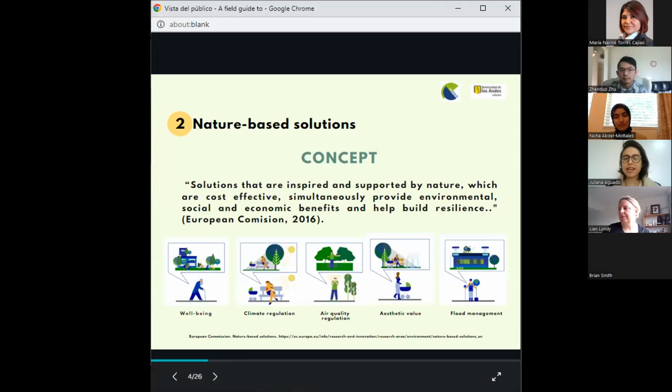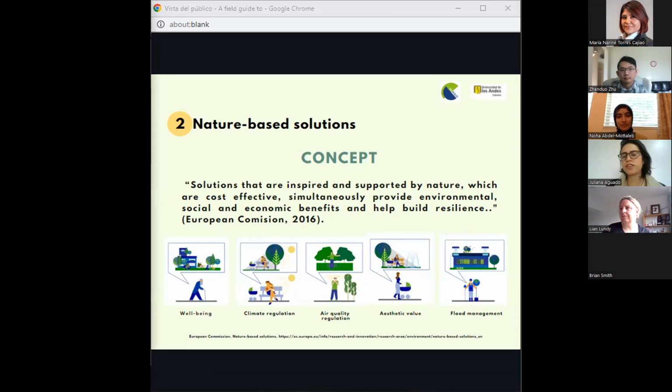So first, I would like to start by presenting the concept of nature-based solutions. According to the European Commission, these are solutions that are inspired and supported by nature, which are cost-effective and simultaneously provide environmental, social, and economic benefits and help to build resilience.